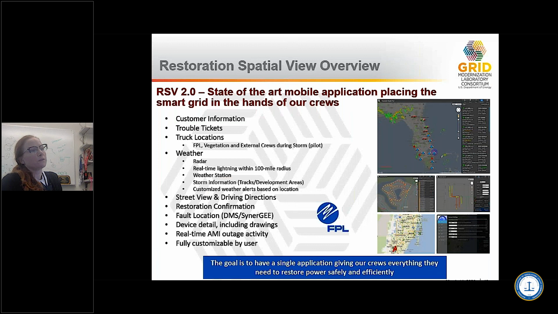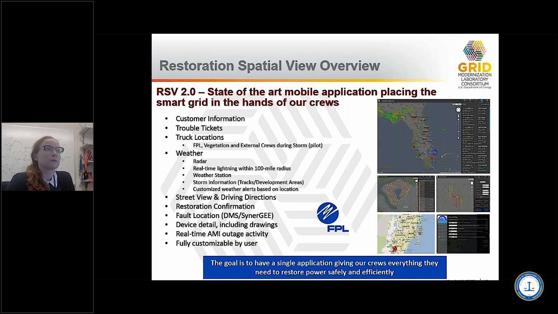So one of the more advanced utilities that did a lot of work with their smart metering operations and customers was Florida Power and Light, partially through, I believe, DOE funding with Joe and a number of other activities, to start to put state-of-the-art mobile applications to their smart grid, to their field workers out there.